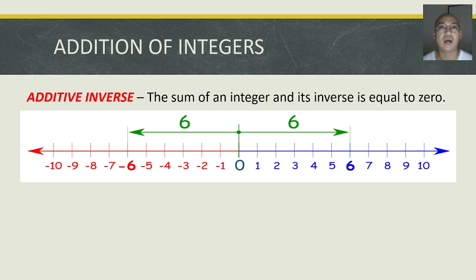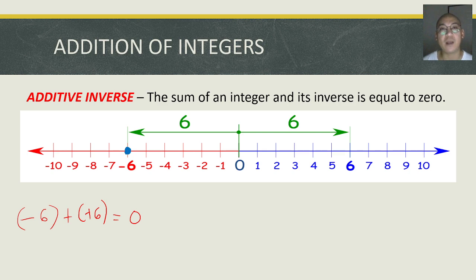If we are to add negative 6 plus positive 6, we'll end up with 0. Why? Let's start with negative 6. Then we're going to add a positive 6.